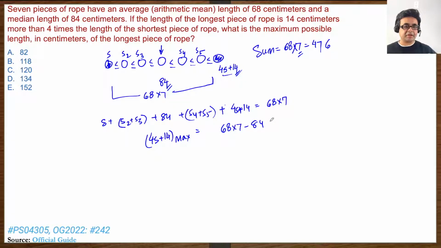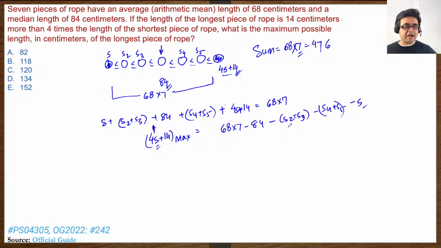I will rewrite it: minus S2 plus S3 plus S4 plus S5, and minus S. Okay. If I have to maximize this, I have to technically maximize the S. So let this S be there. It doesn't matter. You can even bring it back here.